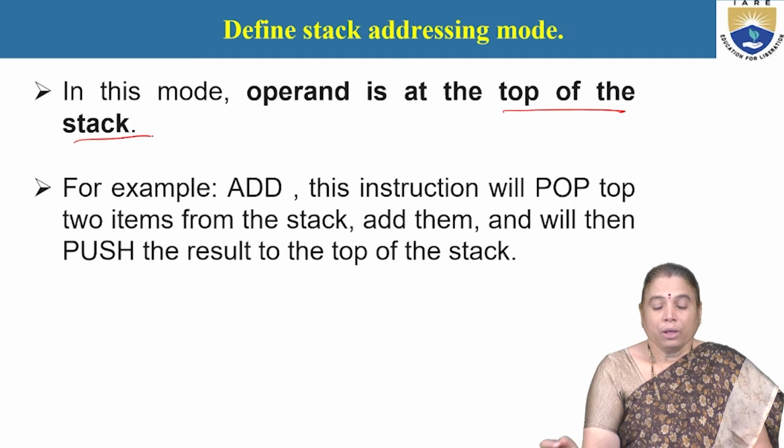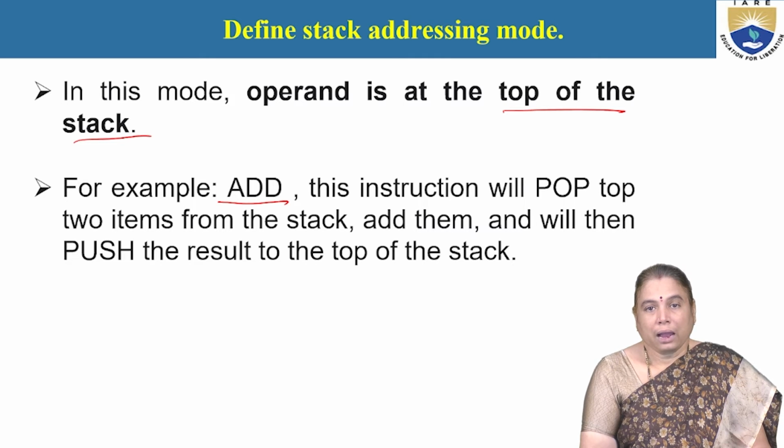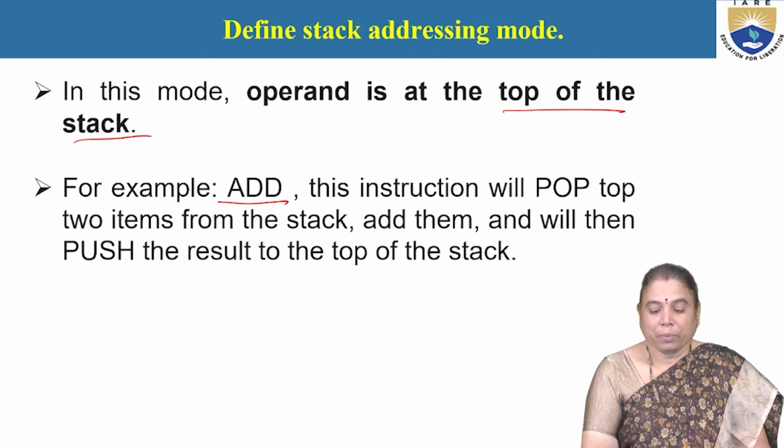In order to implement the add operation, the two operands can be popped from the stack, the add micro operation is performed, and the result can be pushed to the top of the stack.